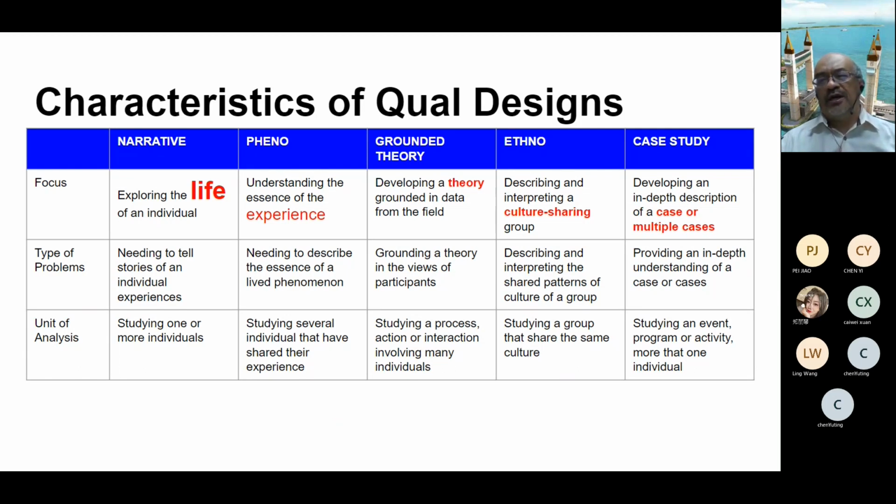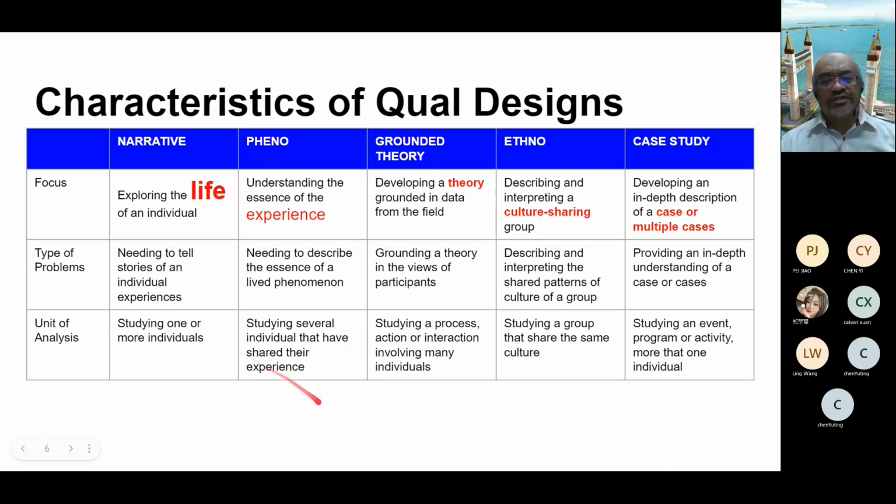So you're going to learn the experiences of a number of participants, a number of individuals. You interview them one by one, and then analyze each of the individuals.